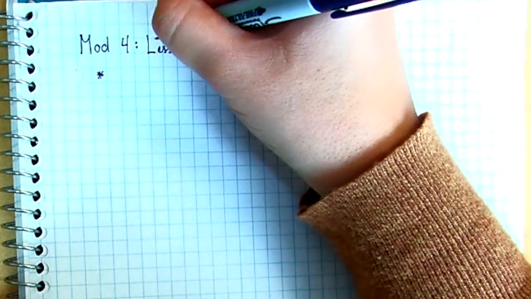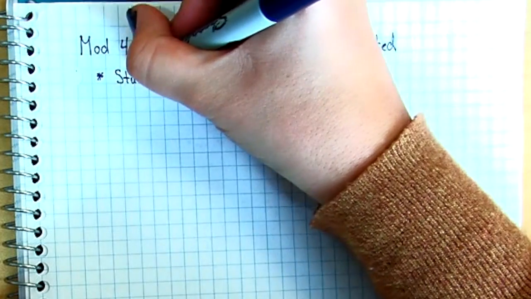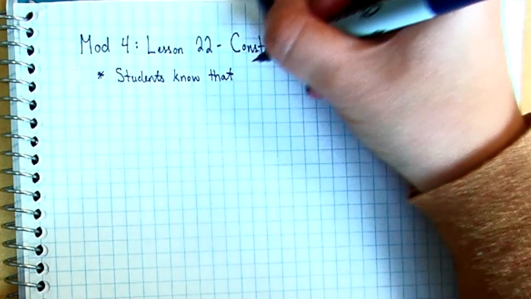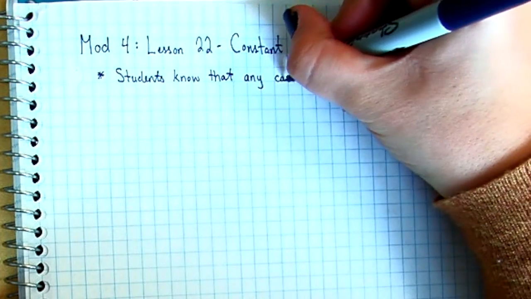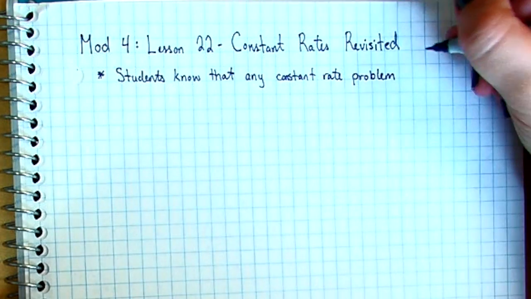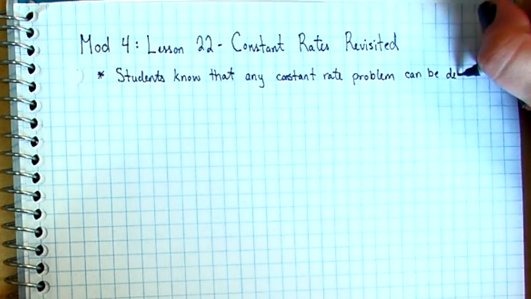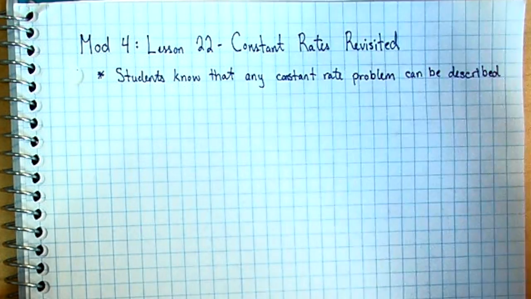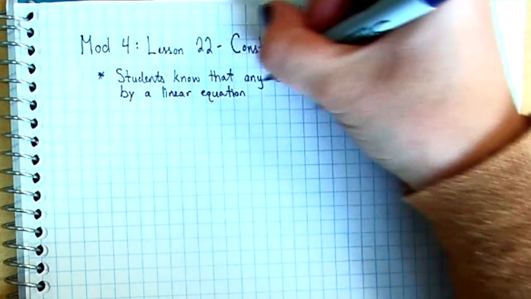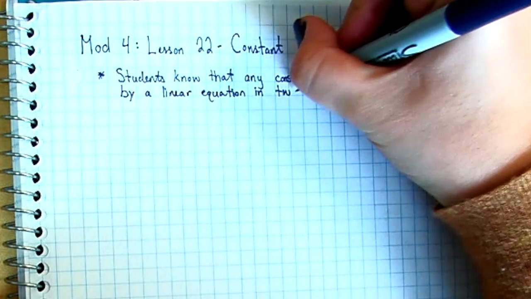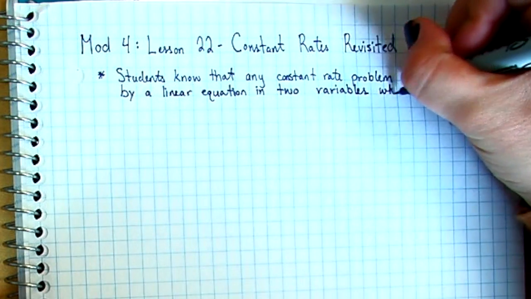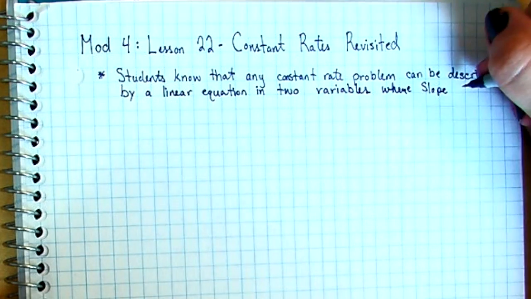We want to make sure that students know that any constant rate problem can be described by a linear equation in two variables, where my slope is equal to the constant rate.